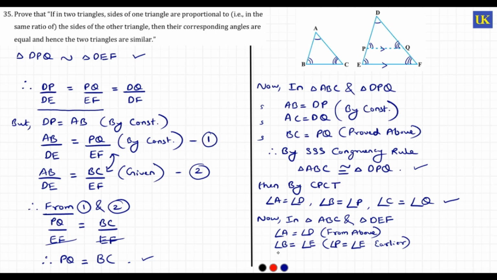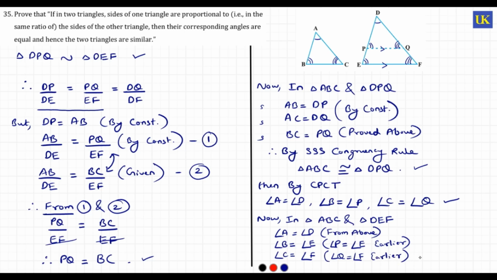And similarly I can write that C is equal to F, because C is equal to Q, but I will write F because earlier we have proved that angle Q is equal to angle F. So instead of writing Q, I will write F here. Okay. So we have proved this earlier.